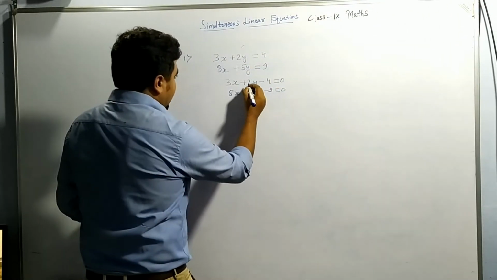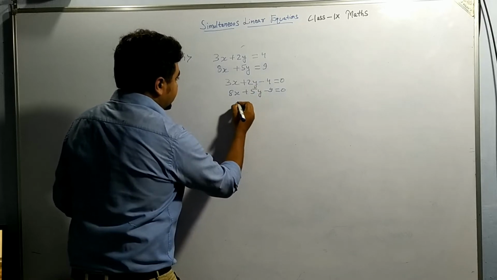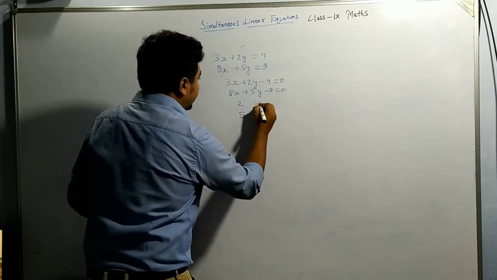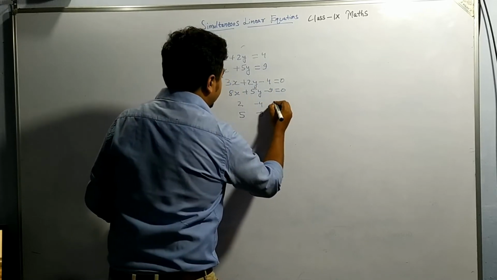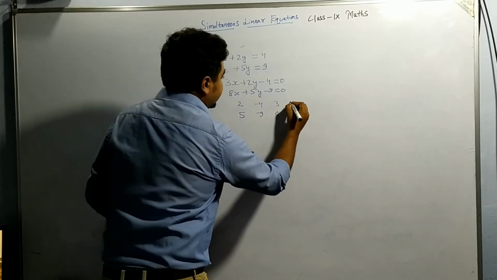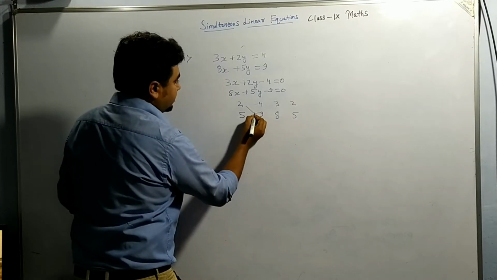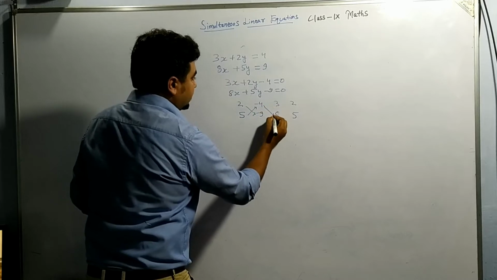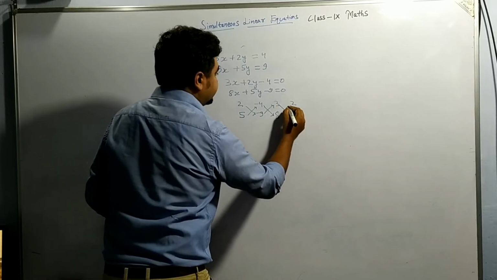Now I will take the coefficients, starting from here: 2 and 5, then minus 4 and minus 9, then the next term is 3 and 8, and once again I will write 2 and 5. From here, this is down arrow, this is top arrow, this is down, this is top, this is down, and this is top.